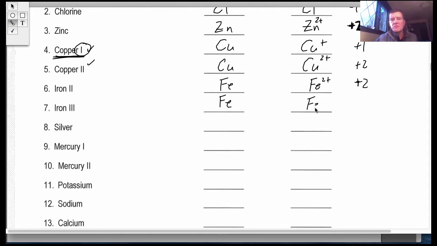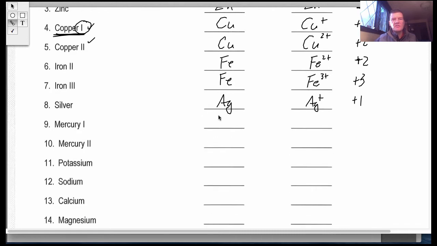If it becomes +3, it has lost 3 of its outer electrons. Silver is always a +1, pretty sure about that one. And then here you got mercury 1 and 2, same thing. Mercury is always Hg, but when it loses 1, or it can lose 2.